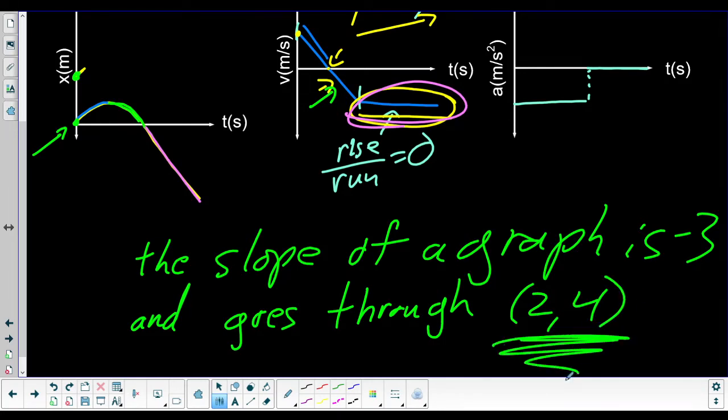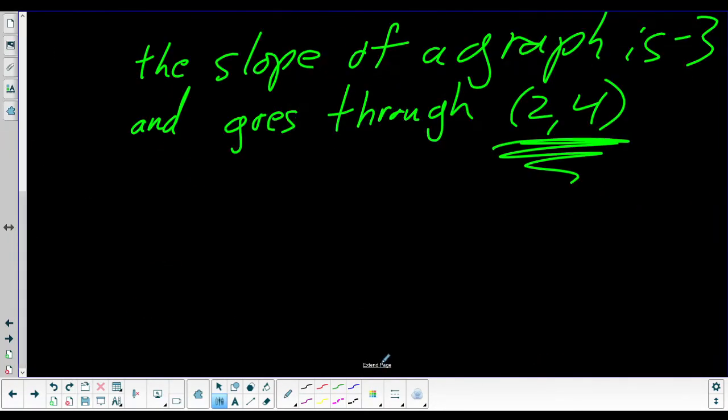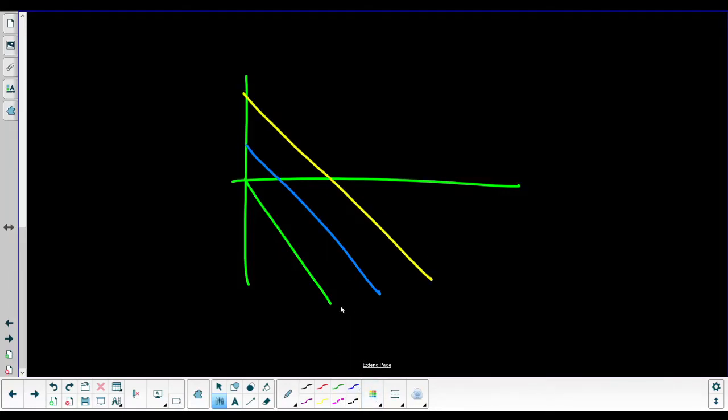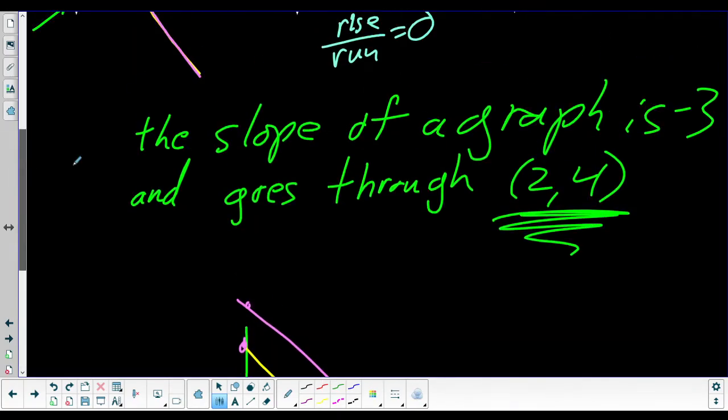They have to give you some extra information. Otherwise, a graph with a slope of -3 could be this, or it could be this, or it could be this, or it could be this. All of these have the same slope. They're all parallel lines. The slope has absolutely nothing to do with the y-intercept. You need this extra piece of information to be able to find it.